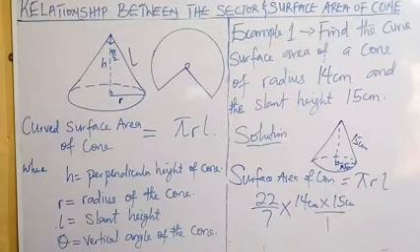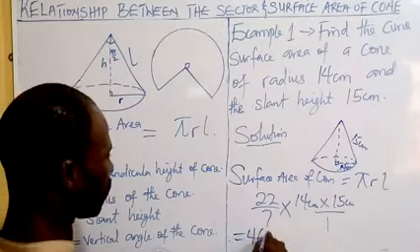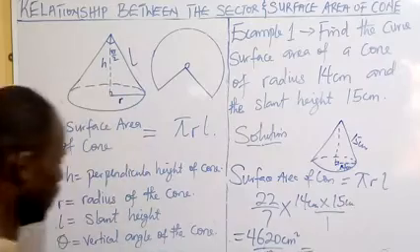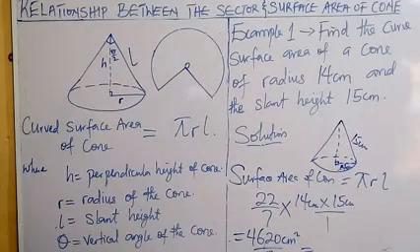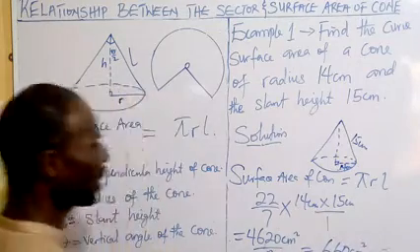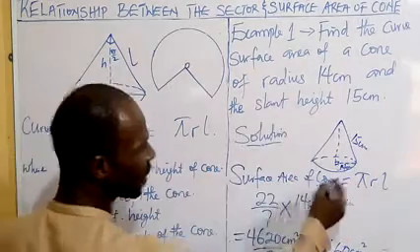Let's use our calculator: 22 multiplied by 14 multiplied by 15 gives us 4620 centimeter square. Divided by 7, this gives us 660 centimeter square. So that's the surface area of our cone.